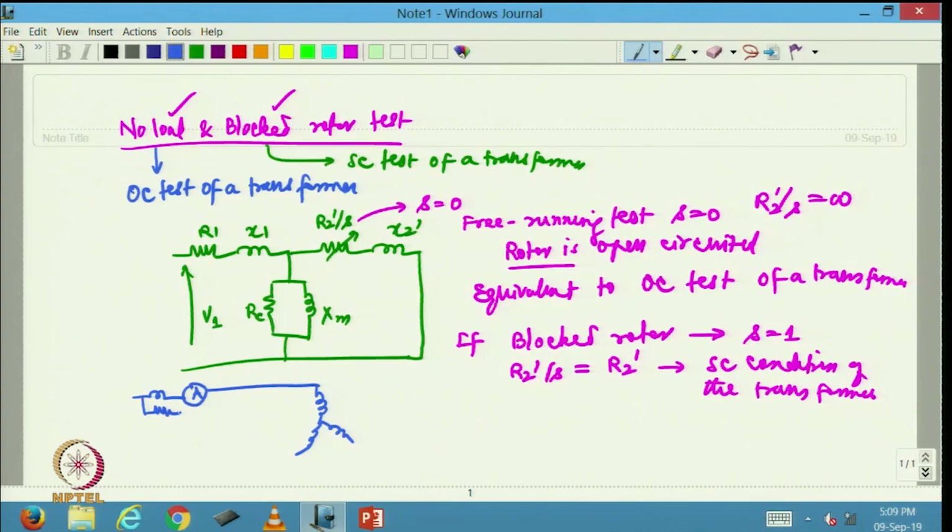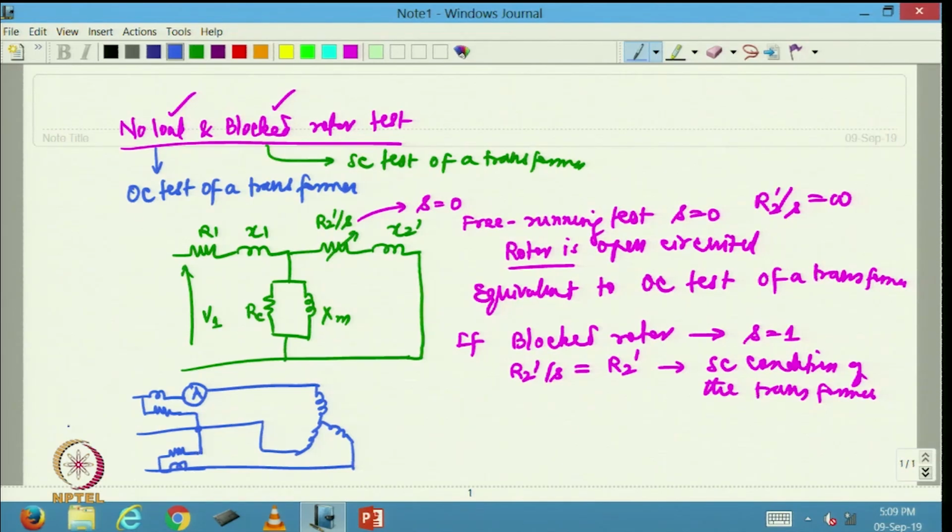I am going to use 2 wattmeter method clearly. This is the second phase of the induction motor and this is the third phase of the induction motor. The third phase will also be connected through another current coil of the wattmeter. This is the pressure coil. So, the pressure coils are getting connected together in one of the phases.